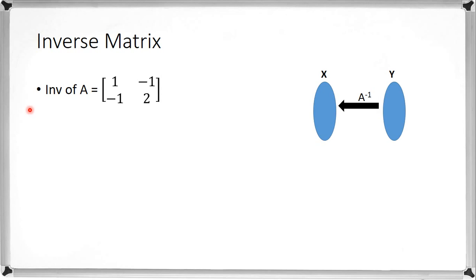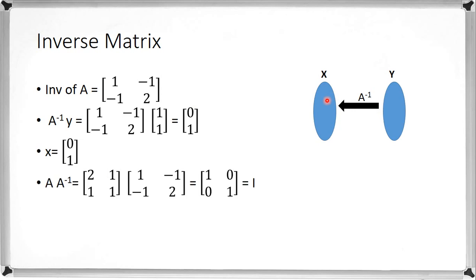For the moment, let's just call it the inverse of A. As per the definition of inverse matrix, if we multiply element of y with inverse matrix, then we should get the element inside capital X. So A inverse y gives us a two-dimensional vector 0, 1, and this is an element in set X. So this is the work of inverse matrix.